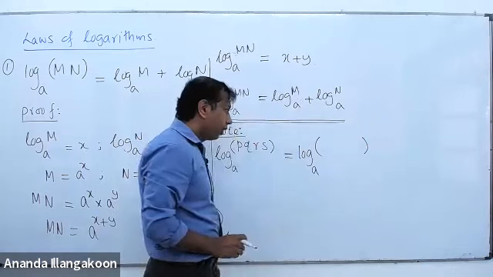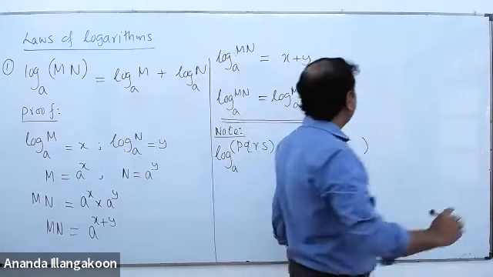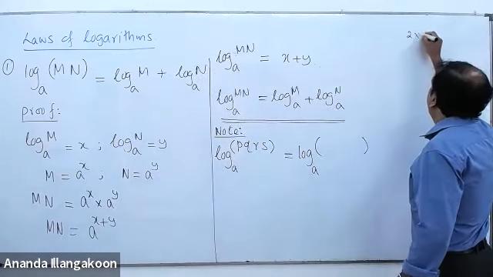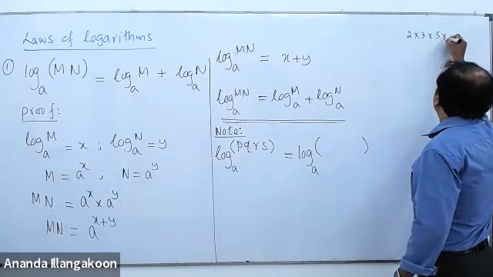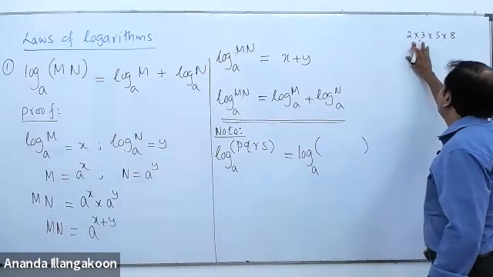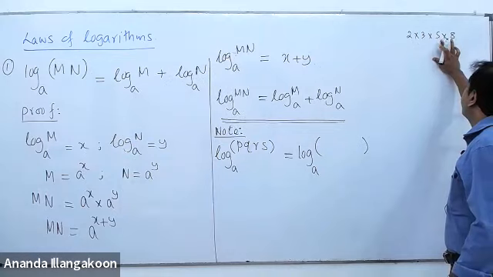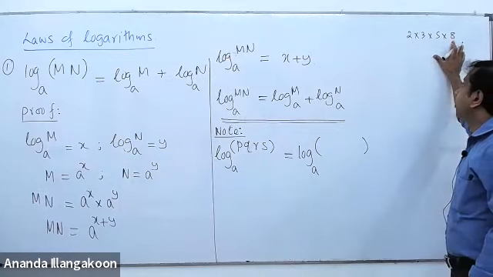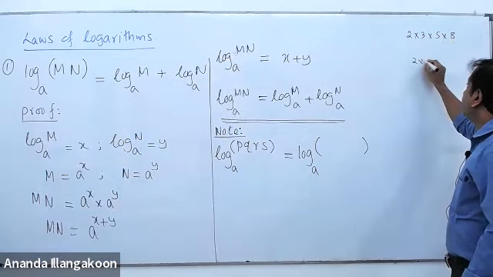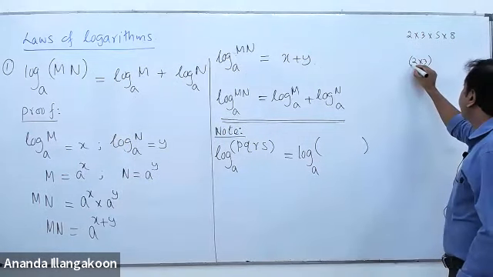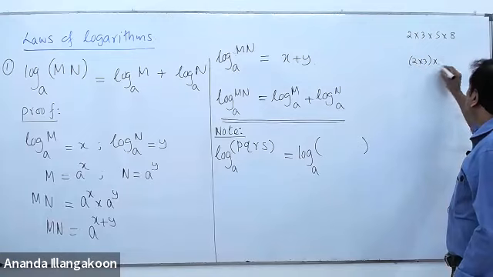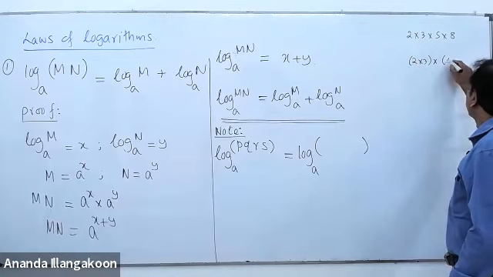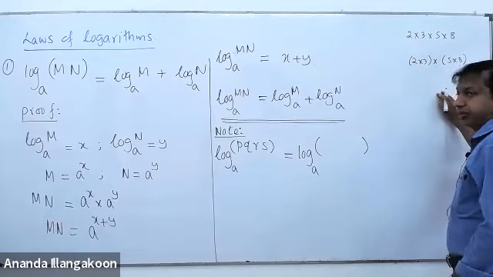You know, when we multiply four real numbers like this, 2 into 3 into 5 into 8, when you multiply, first you can multiply 2 and 3, and that we multiply by the product of 5 and 8.